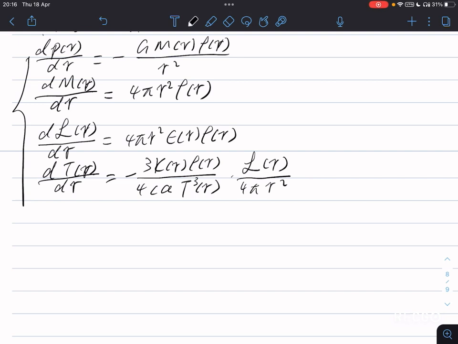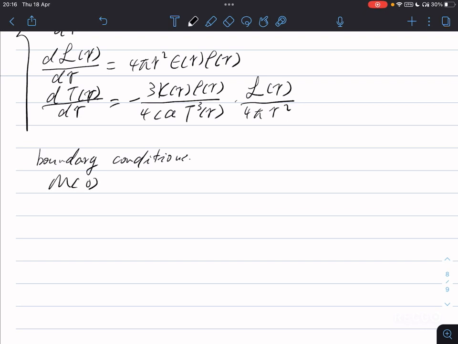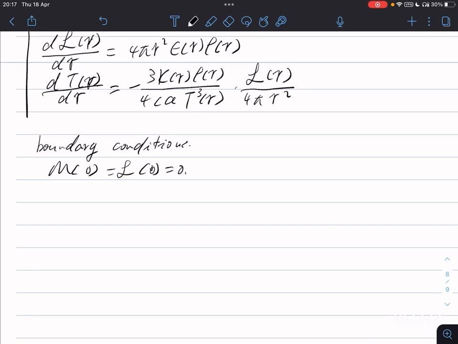And we have 4 boundary conditions: m(0) equals L(0) equals 0, and ρ(R) equals T(R) equals 0. This R is the star's nominal radius.